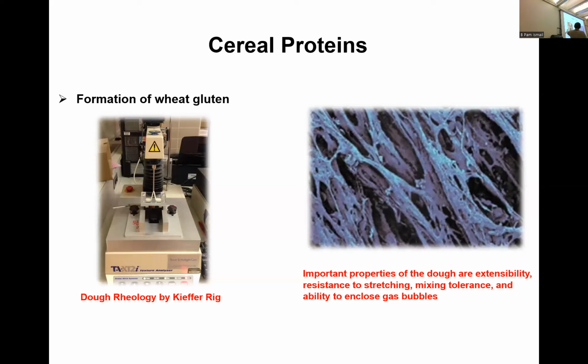And then also you measure the length, how far you were able to extend it before it breaks. So that gives you an idea about the extensibility and elasticity of the dough. So the elasticity is based on the strength, and the extensibility is how long that dough can go before it breaks. It's a cool rheological measurement.